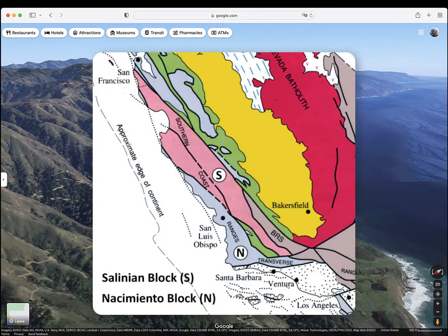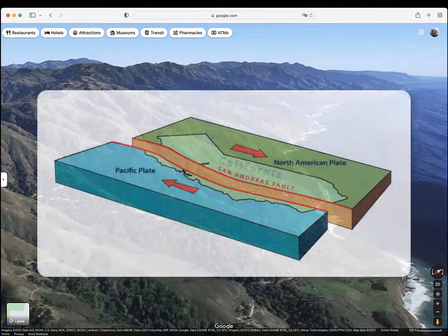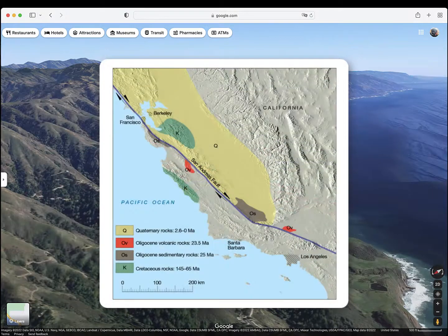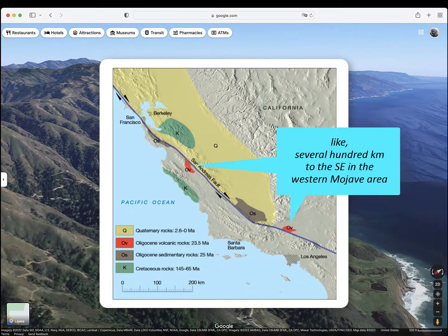Tectonically speaking, these rocks are part of the Nacimiento and Salinian blocks, two geologic terranes that comprise most of Central California's coast ranges, and as part of the Pacific Plate, are traveling northwestward along the San Andreas transform boundary from a point of origin farther to the southeast, several hundred kilometers to the southeast, in the western Mojave area.